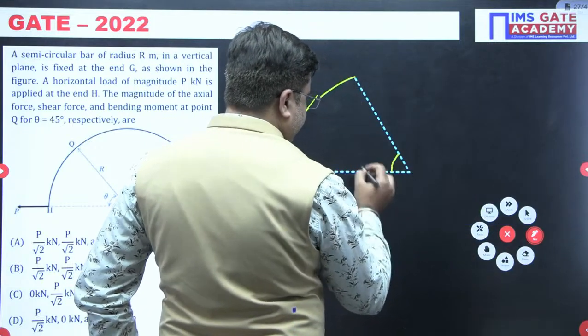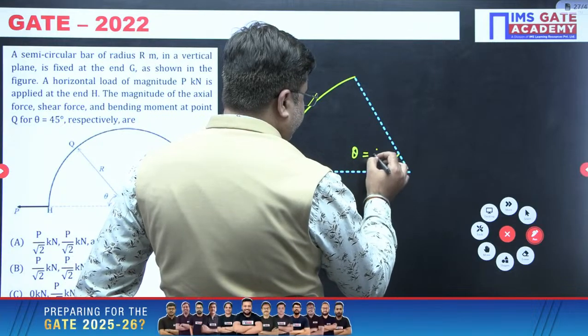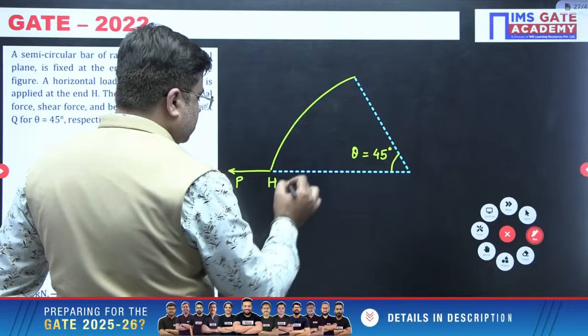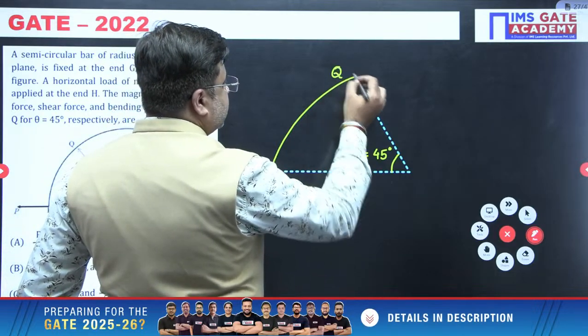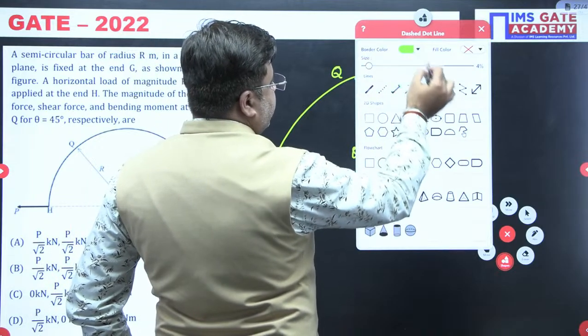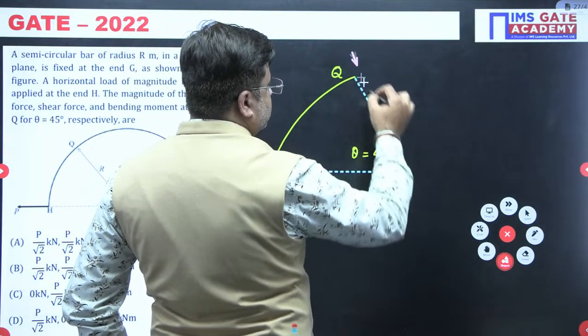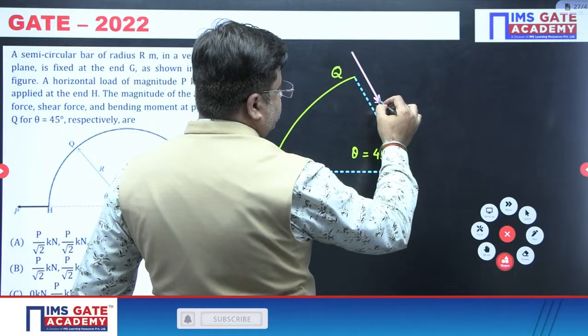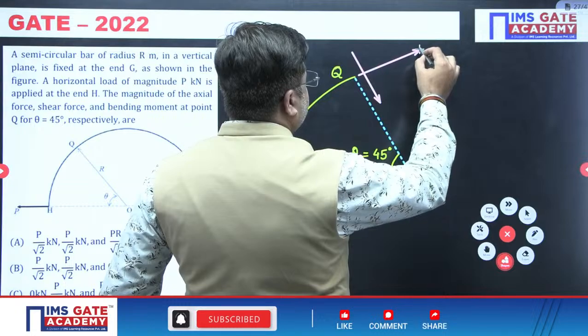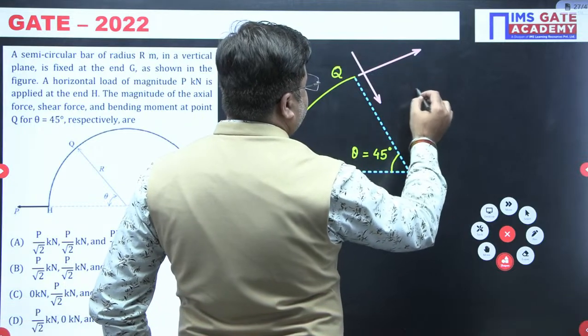This angle here, theta, is equal to 45 degrees. This is H, this is point Q. Now check this out. Over this Q, the shear force will be acting in this way. This is the shear force at Q. And this is your axial force at Q.